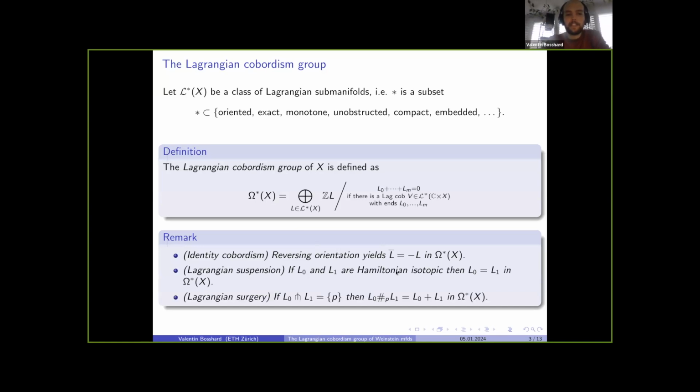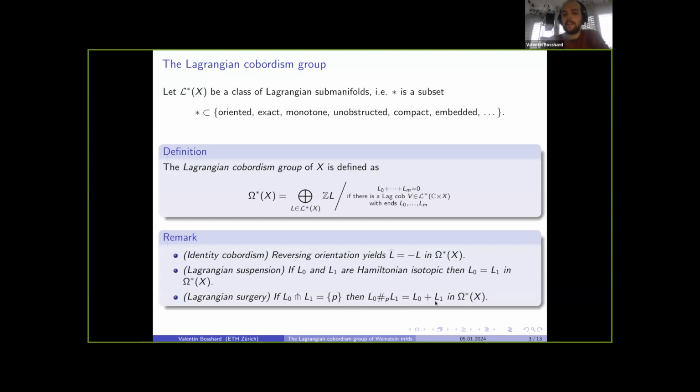Then a third relation that is very important in this Lagrangian cobordism group is that if two Lagrangian submanifolds intersect transversely just in exactly one point, then you can do surgery to resolve this point. And what you get is again an embedded one. This was the condition that we just have an intersection at one point. So you get an embedded Lagrangian submanifold again.